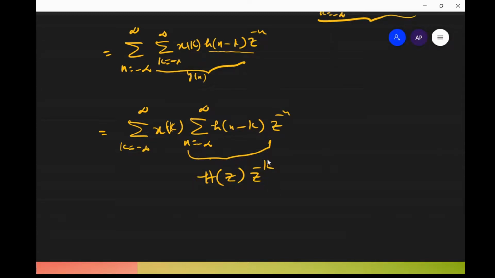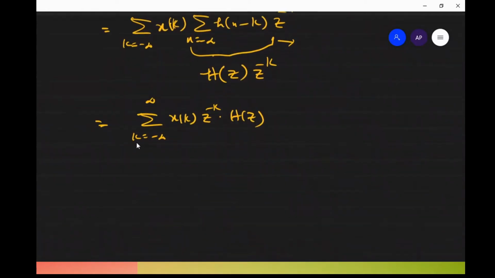This is the z transform shifting property. If you don't remember, you can go to the initial minutes of this video, and you can see this property is proved. So our summation is reduced to the sum over k from minus infinity to infinity of x of k z power minus k times H of z, right?